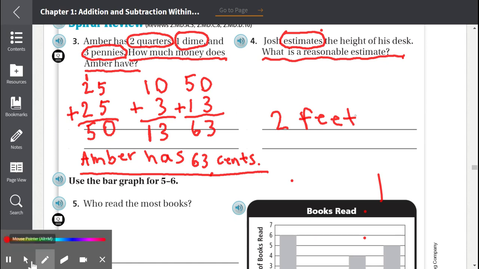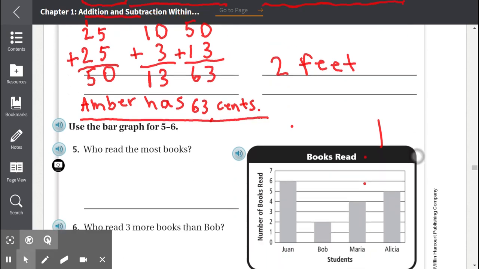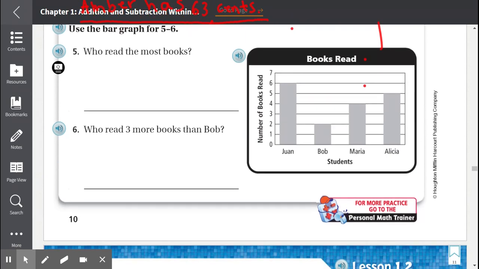On to number 5. Use the bar graph for numbers 5 through 6. Let's look at the bar graph. Books read at the top and the number of books read at the side.